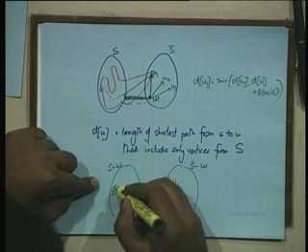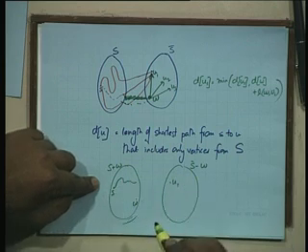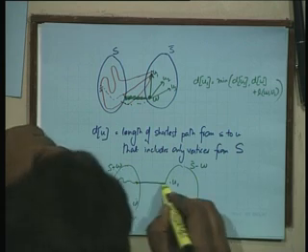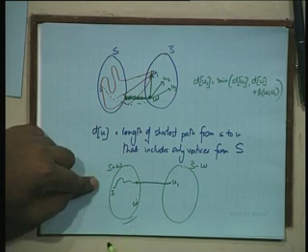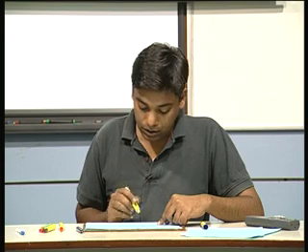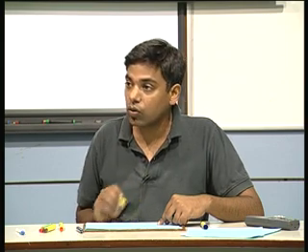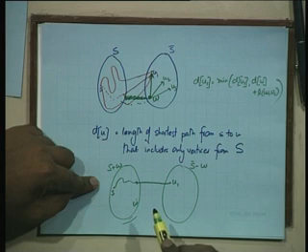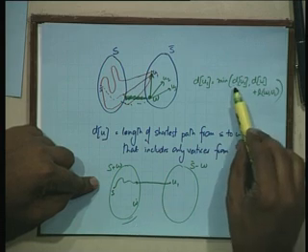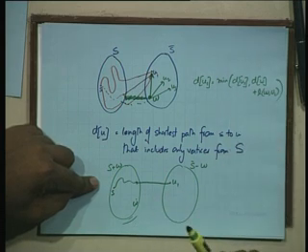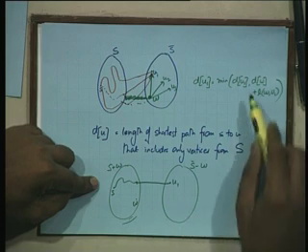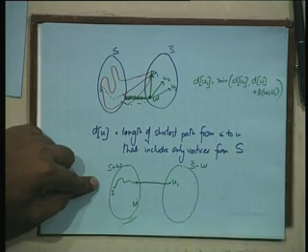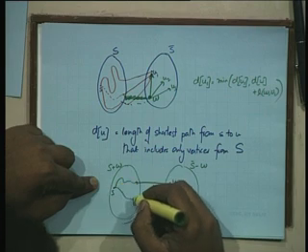So, either the paths do not include vertex W at all and they go directly like this, but then the length of such a path is already captured in the earlier value of D of u1, right. D of u1 is smaller than the length of all such paths.